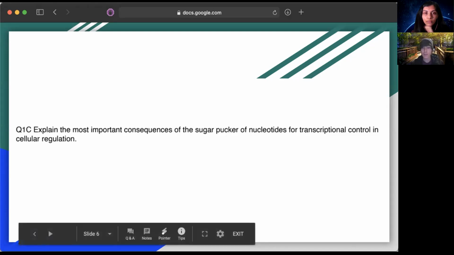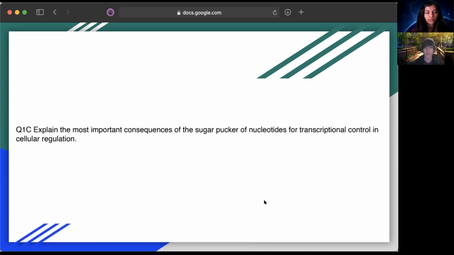Awesome. So it looks like you guys are all saying that it's about the ability to access the major groove, and that A-form helices are going to have a deeper, more narrow major groove, whereas the B-form helix will have a wider groove, more accessible to the interacting proteins.